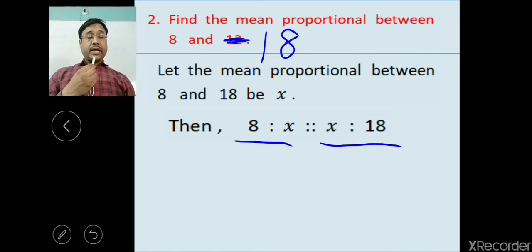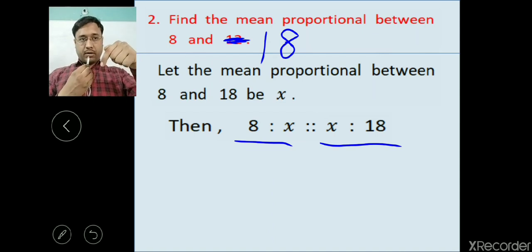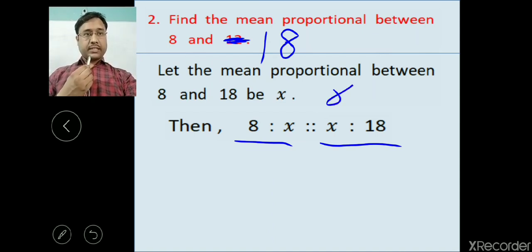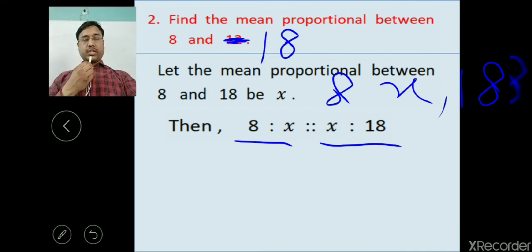That means there are three numbers, 8, x and 18. x comes in the middle only. You will consider the numbers like this: 8, x and 18. So three numbers are here. Then you will write that 8 is to x is proportional to x is to 18.